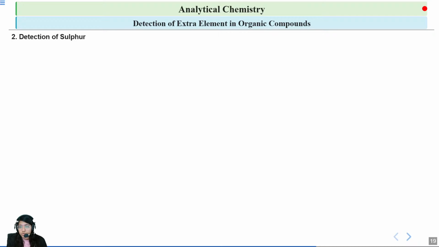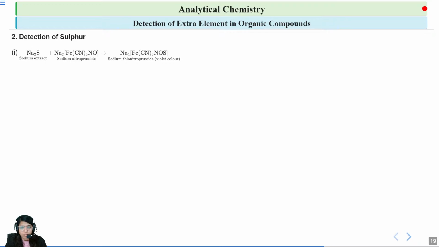This Na2S, sodium sulfide, in Lassaigne's test can be detected by the following two methods. First, we have the sodium nitroprusside test. In this test, sodium sulfide reacts with sodium nitroprusside to form sodium thionitroprusside, which gives a violet color. Appearance of this violet color confirms the presence of sulfur.